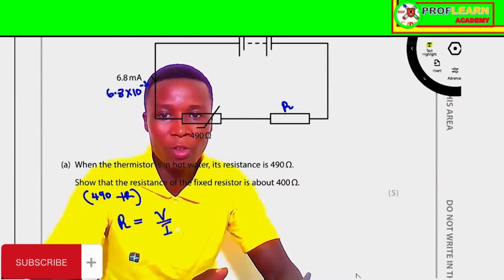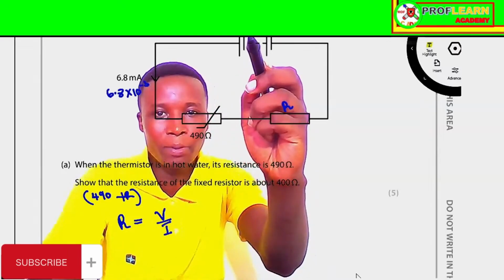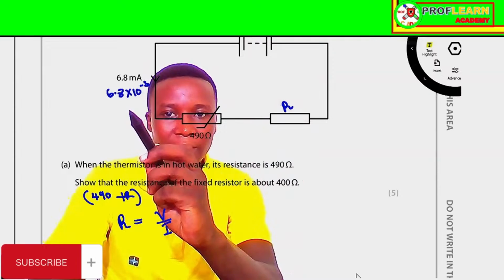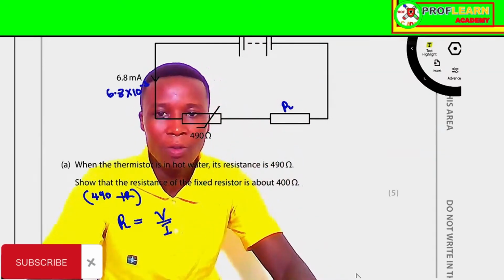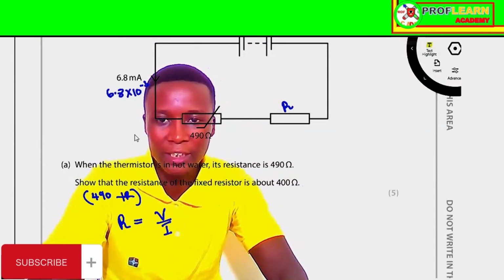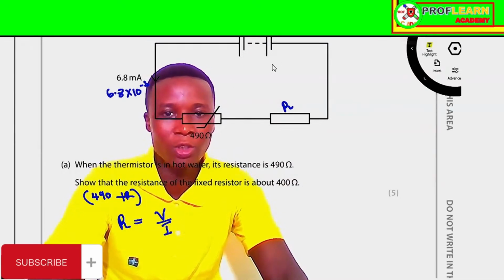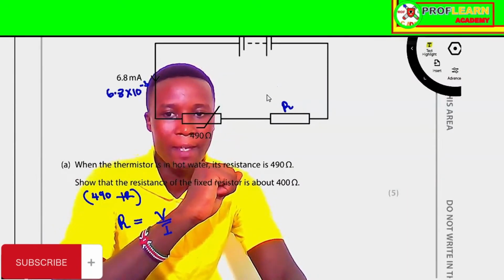That's the formula we're going to use. So we use the voltage of 6.0 volts and the current of 6.8 times 10 raised to negative 3, and then the resistance of 490 plus R, because we said let this resistance be R.